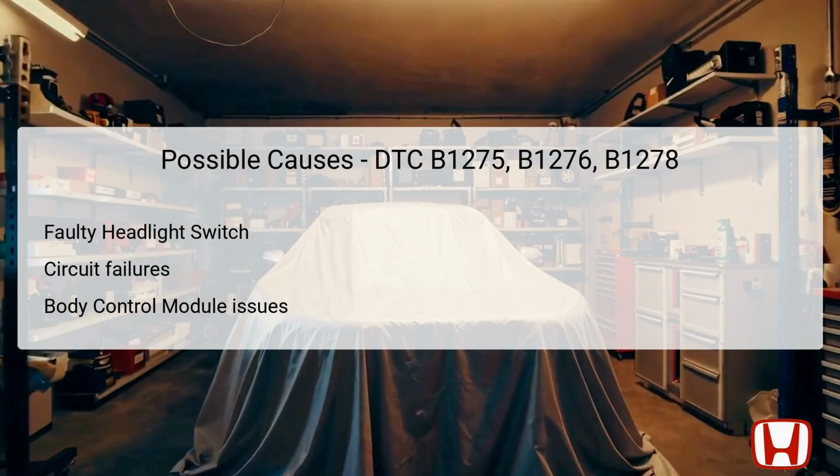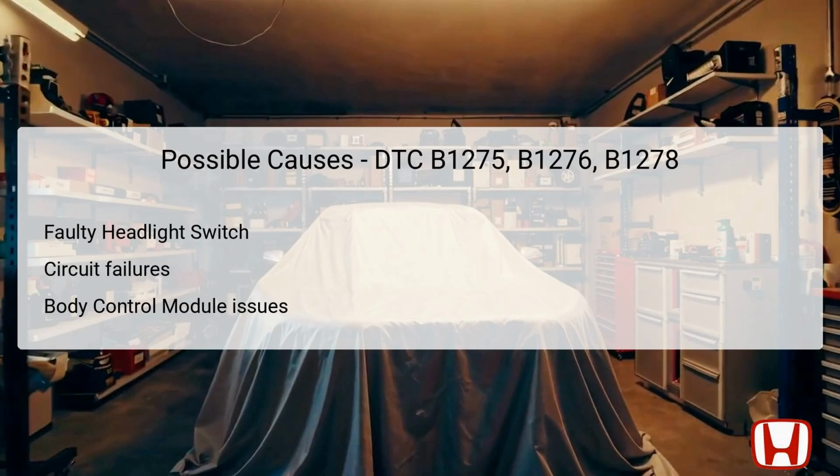Several possible causes may lead to the failure of headlight circuits reflected by the DTCs. One common cause is a faulty headlight switch itself, which could malfunction or fail to properly transmit signals to the body control module. Additionally, errors in the external circuits, which include the HL on switch, HL off switch, small LT switch, and combi switch ground, can lead to abnormal conditions affecting functionality.